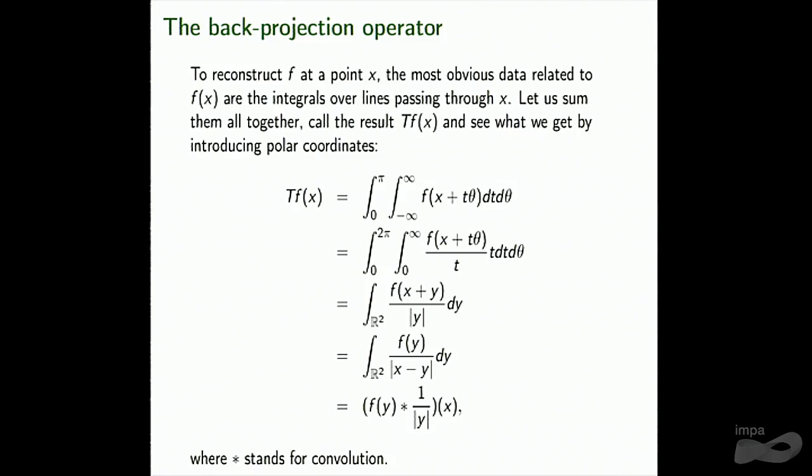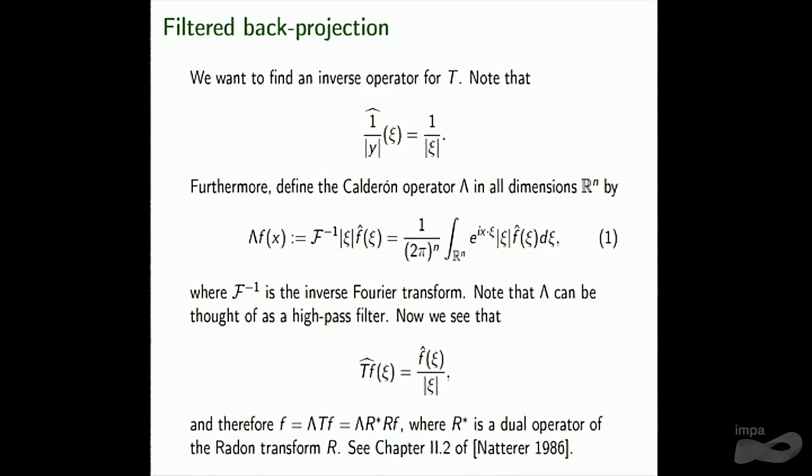We see that we are dealing with a convolution with this kind of weakly singular function. Then, of course, the convolution has a connection with the Fourier transform. On the Fourier side, it's just pointwise multiplication. The Fourier transform of 1 over the length of y actually is 1 over the length of xi.